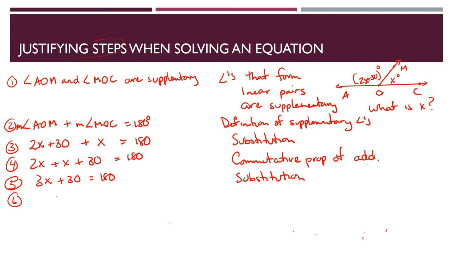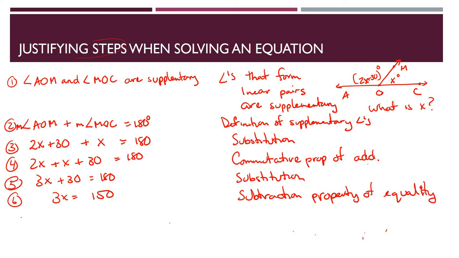The next thing I'm going to say is that 3x equals 150. That's the subtraction property of equality. If I subtract the same thing from both sides, in this case I subtracted 30.